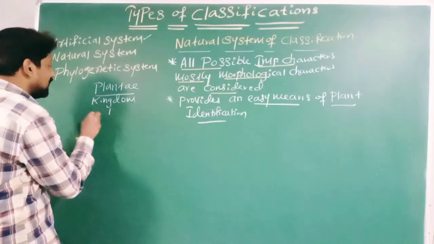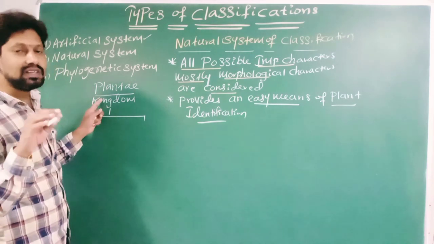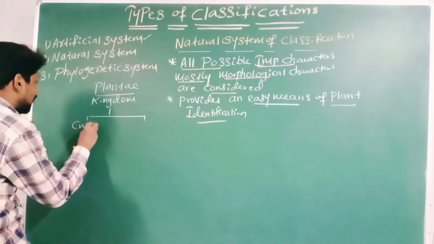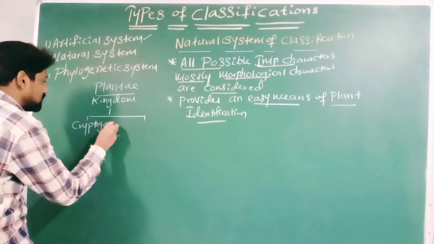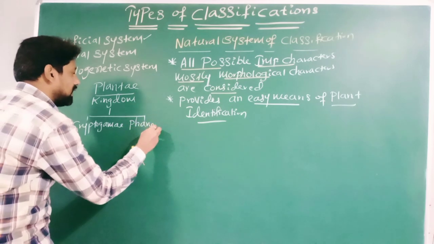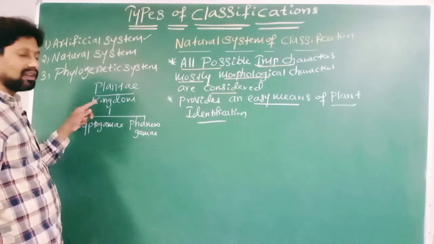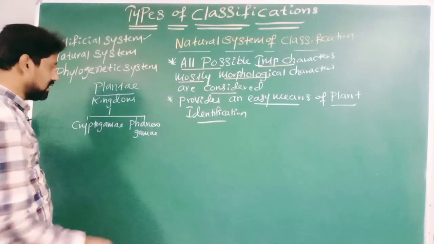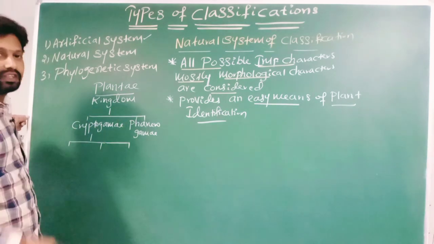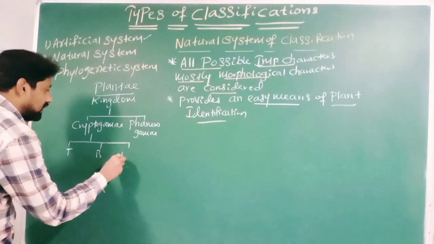This kingdom is divided into two sub-kingdoms. The first one is Cryptogamae and the second one is Phanerogamae. This Cryptogamae sub-kingdom has three divisions: Thallophyta, Bryophyta, Pteridophyta.